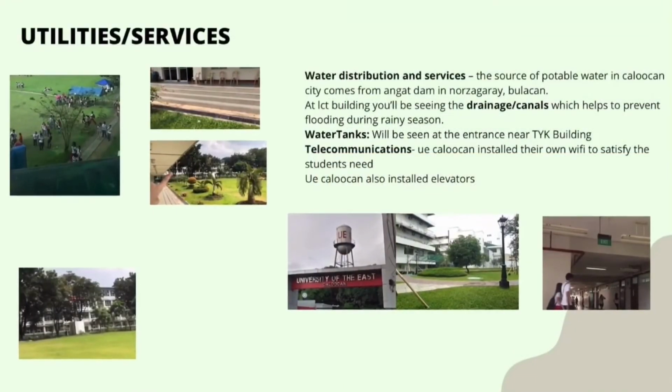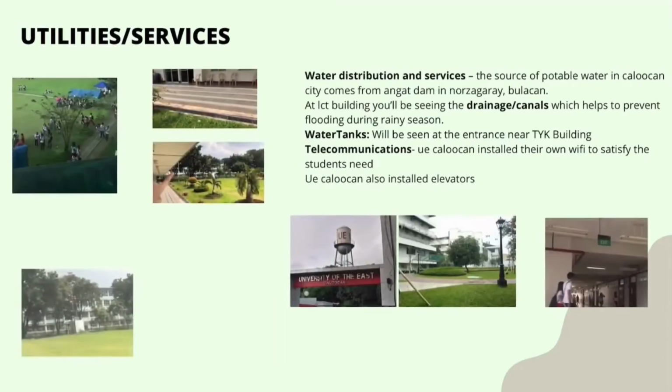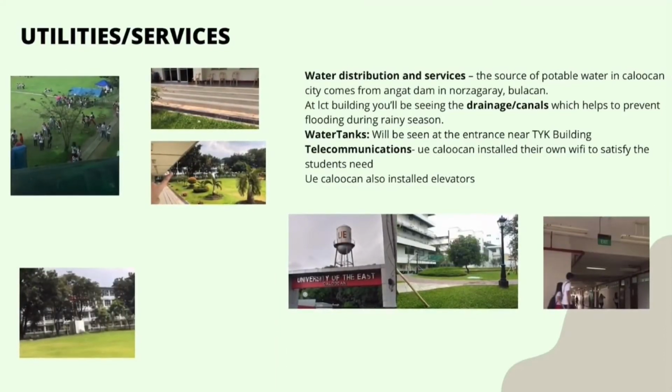The University of the East Caloocan is powered by electricity and backed up by electric generators in case of emergencies. For the water distribution services, the source of potable water in Caloocan City comes from Angat Dam in Norzagaray, Bulacan. At the LCT building, you'll see the drainage and canals which help to prevent flooding during the rainy season.